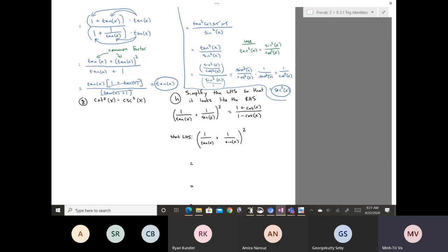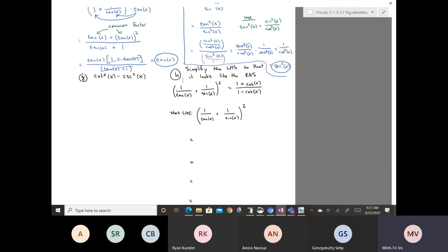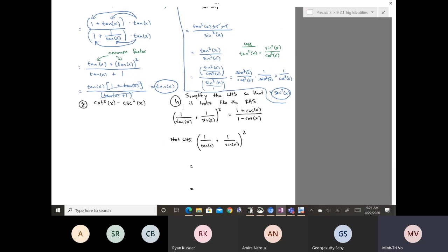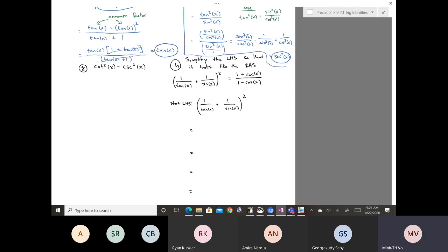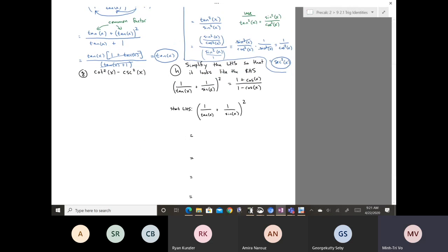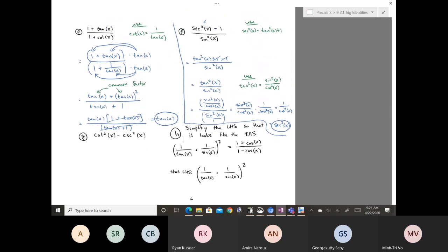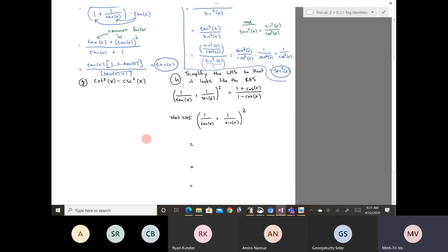But again, there's no real general procedure that tells you which identities you should always use and so on. Okay, so let's finish up the last two examples.